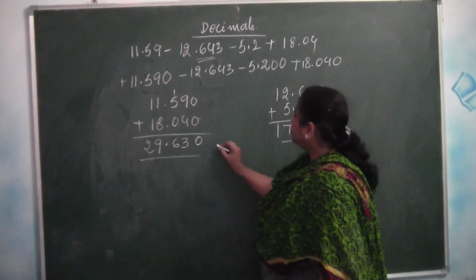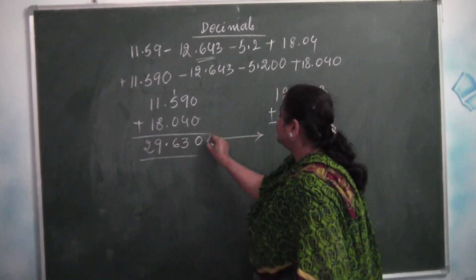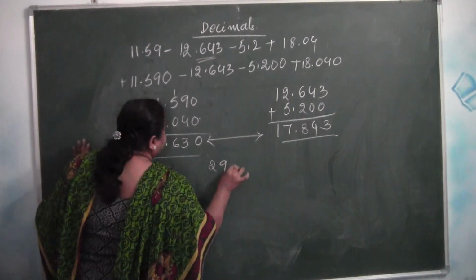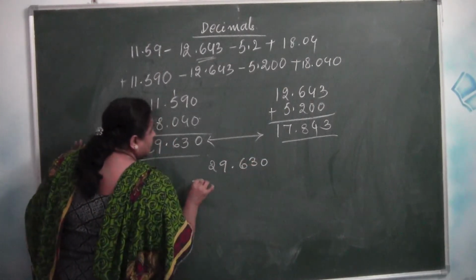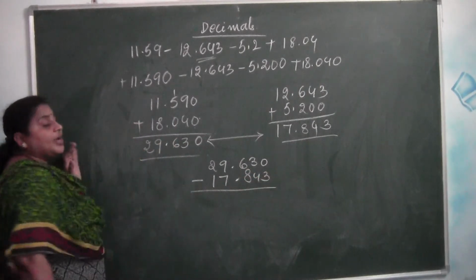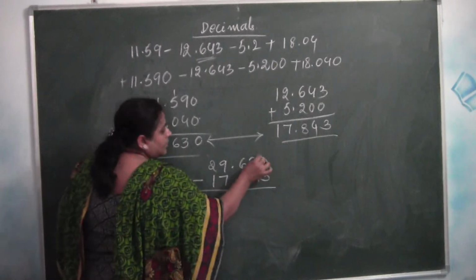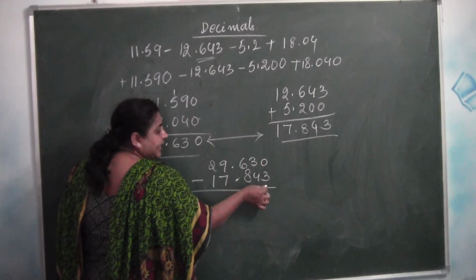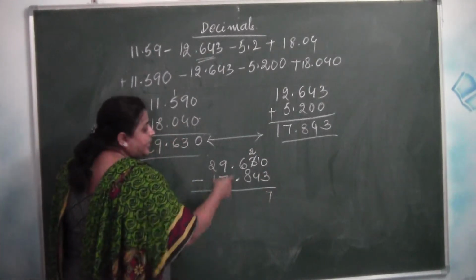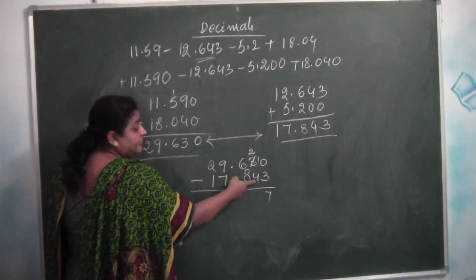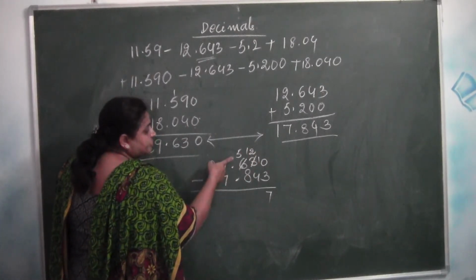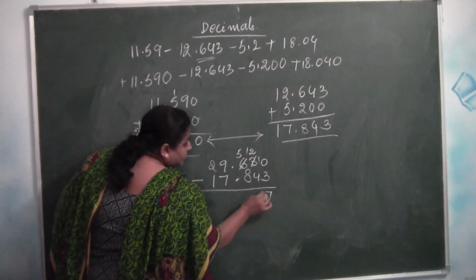Now what are we going to do? We are going to subtract these two. 29.630 minus 17.843. Now we are going to subtract it. From 0 we cannot take 3, so we take a borrow. 10 minus 3, 7. Again from 2, I can't take away 4, so I am taking a borrow again. 6 changes to 5. 12 minus 4, 8.